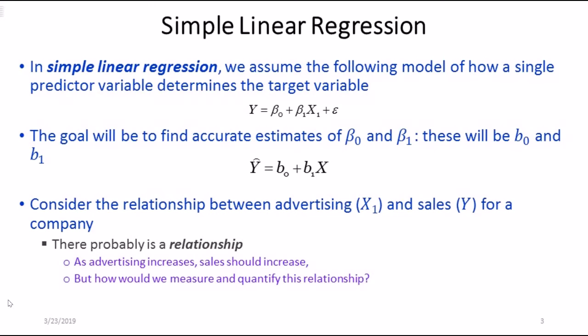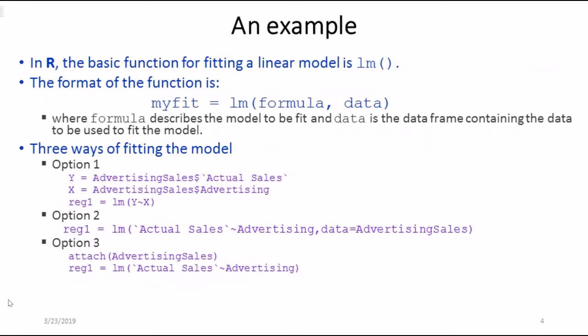In R, you use the LM function for fitting a linear model. Basically, you give it a formula in the first argument and the data in the second argument. There are three ways of fitting a model.